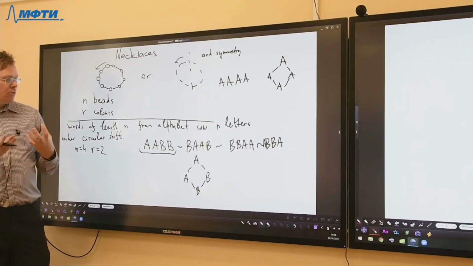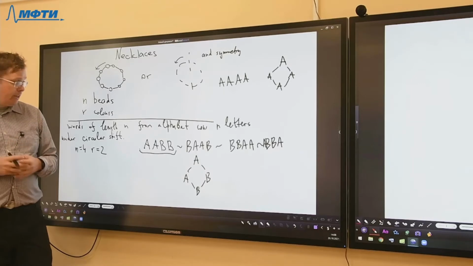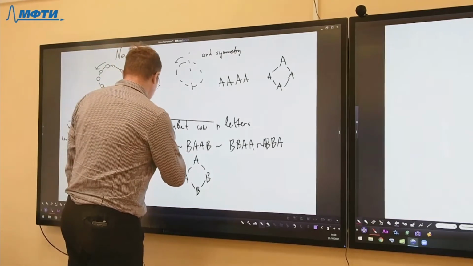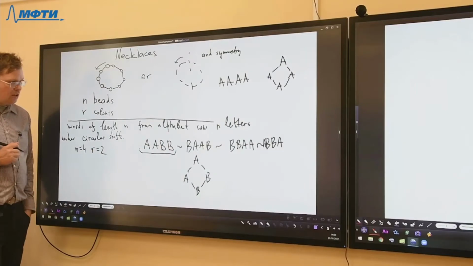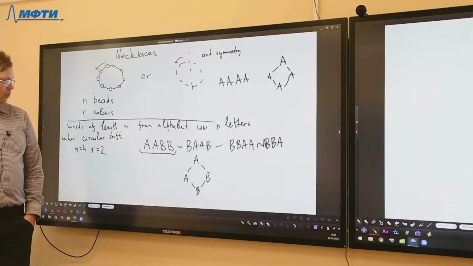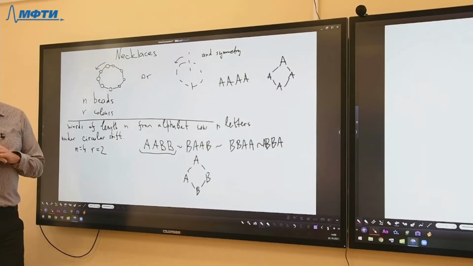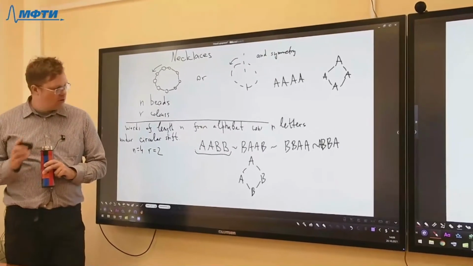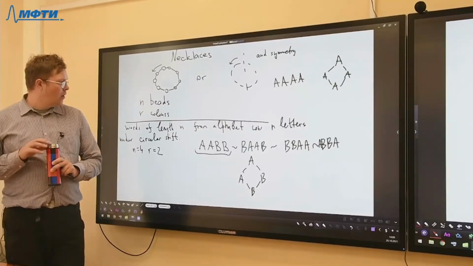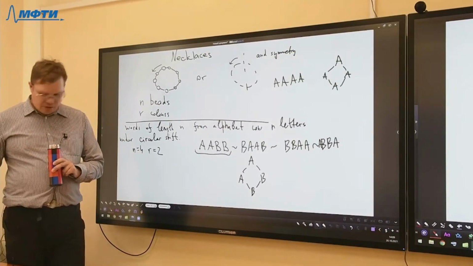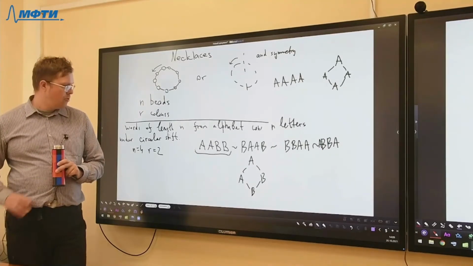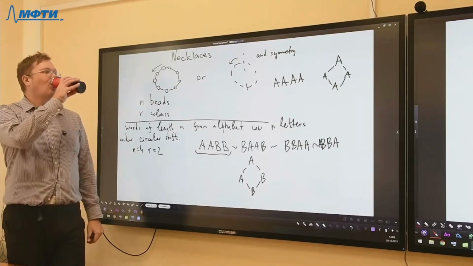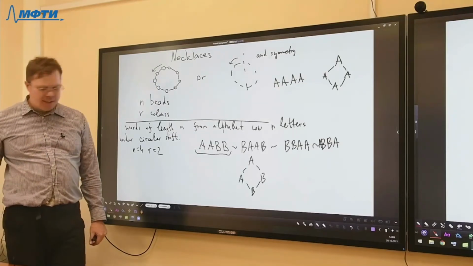We want to calculate them separately, and this is the main idea of how to find the formula for these words. Actually, we can have two different approaches to find the formula.